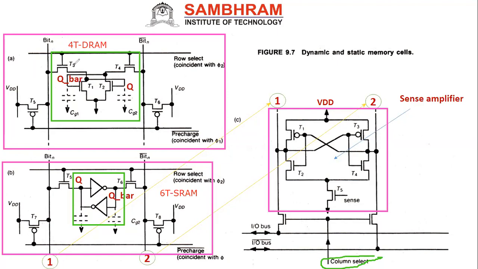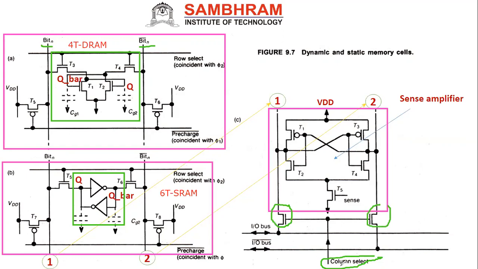Now next, you can see externally these column cells are connected with two lines. One is called bit and the other bit bar. You see this bit and bit bar. This will have this line 1 and 2. Here you see this complete one cell is connected here. See the transistors, both are back to back connected.